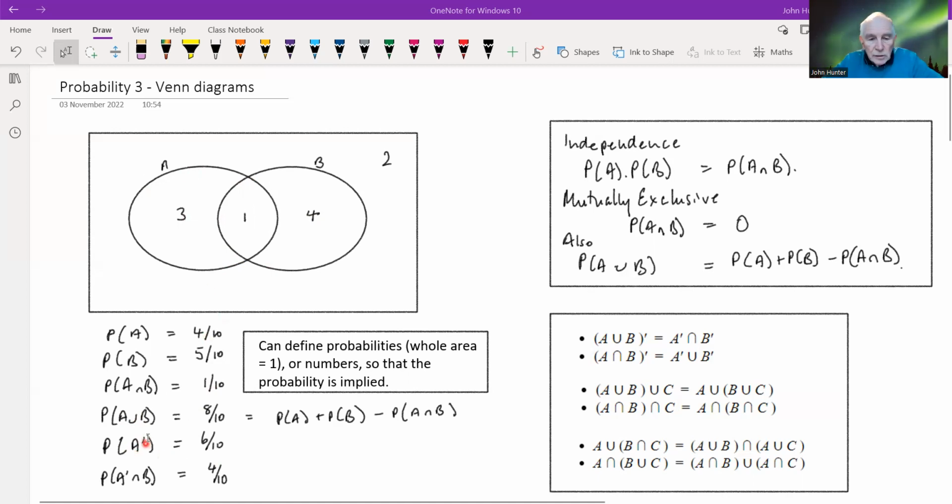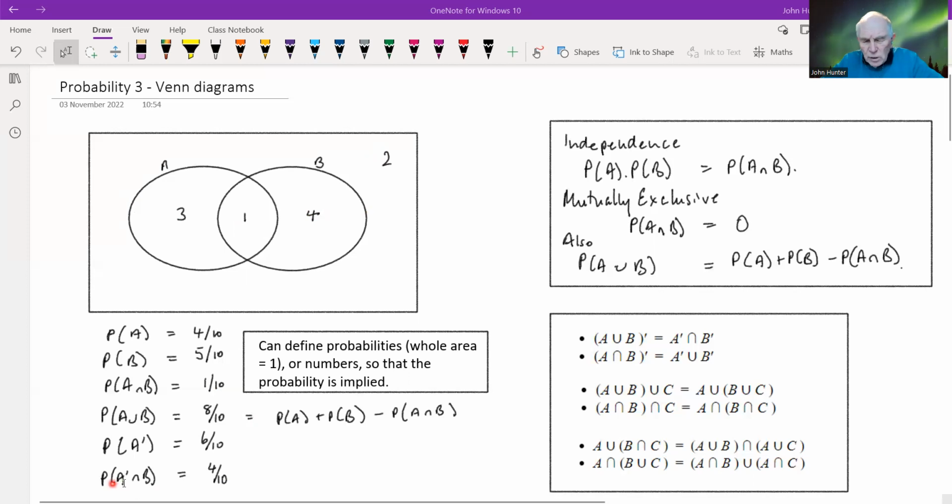And this little dash here, A prime, means not A. When we look at the occurrences or the probabilities outside of A, we've got the 4 and the 2. So the probability of not A would be 6 tenths.